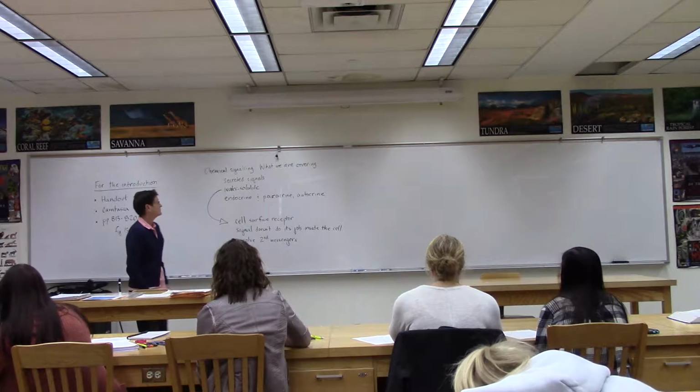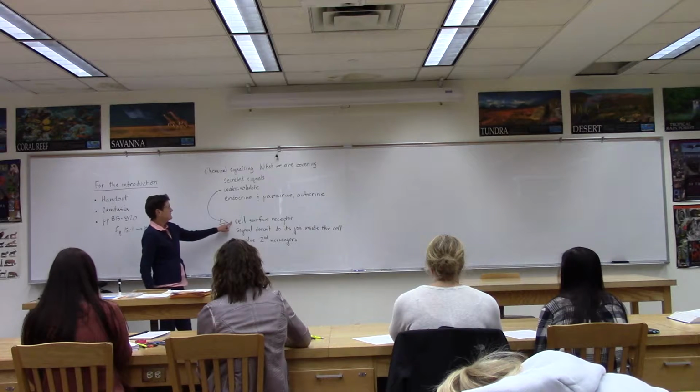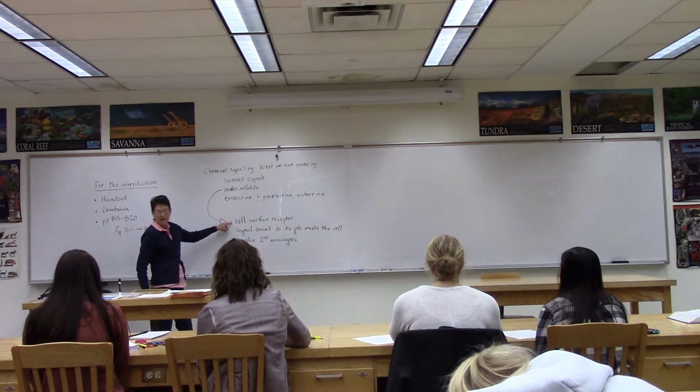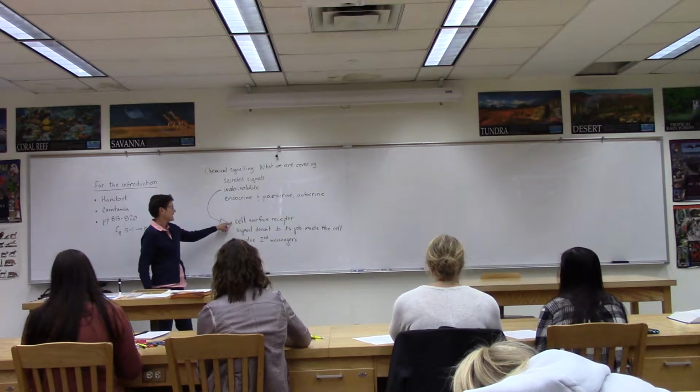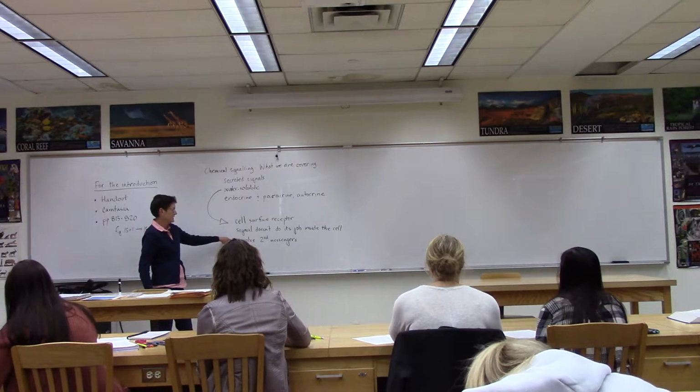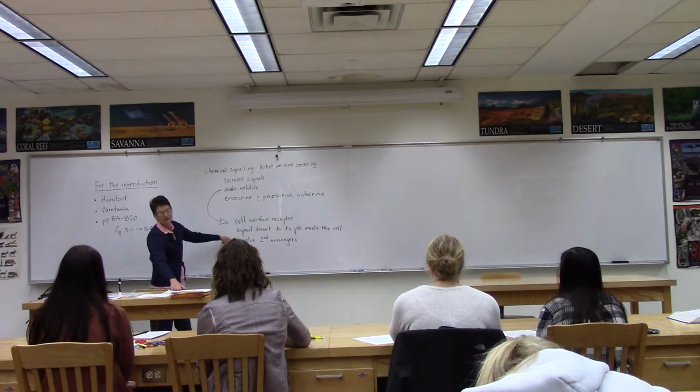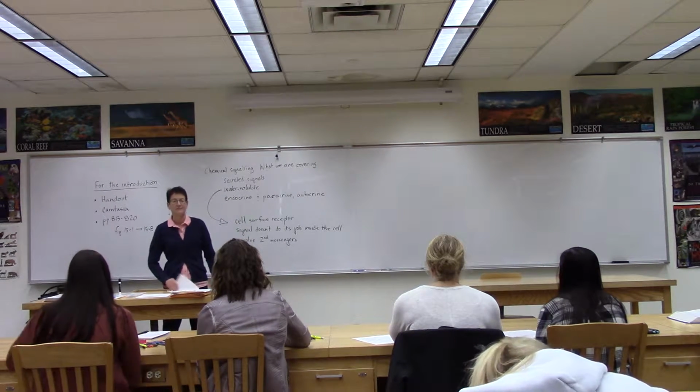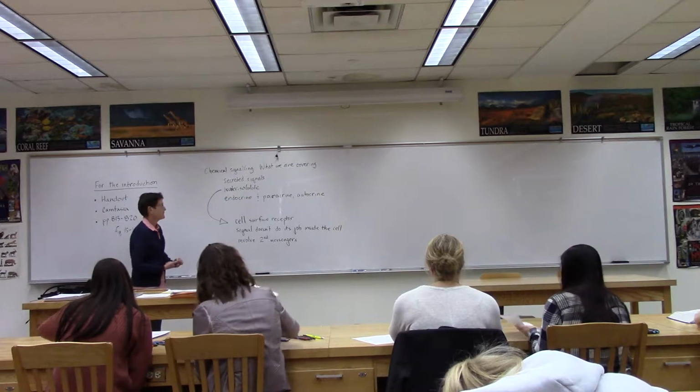Okay, so I'm gonna start out first by looking at what are the different receptors that we'll be covering. And then we'll take a look at the second messengers, and they are on your handout. So if you look on the second page of the handout or the back of your handout, they're all there.